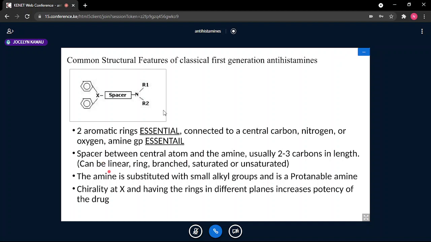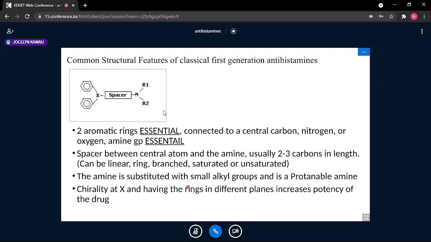For linear, give an example. For ring, for branched, give an example. For saturated, unsaturated, give an example. We are only now saying it very generally, that the spacer can be linear, it can be a ring, it can be branched, it can be saturated or unsaturated, with good activity.